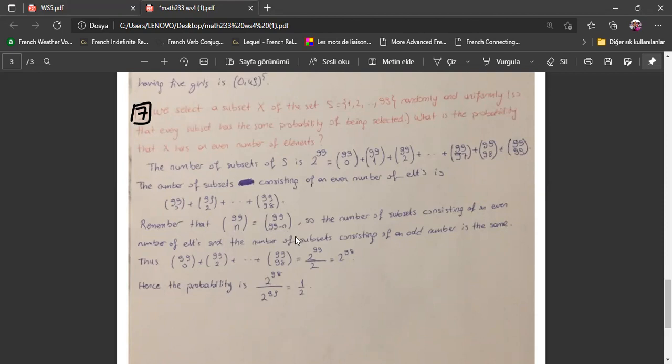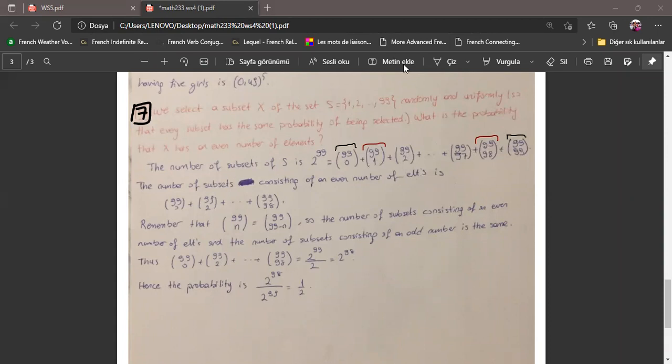So you can now see that 99 choose 0 is equal to 99 choose 99. They both equal 1. Now 99 choose 1 is equal to 99 choose 98. The sum of these gives us 99, the number of elements of S.